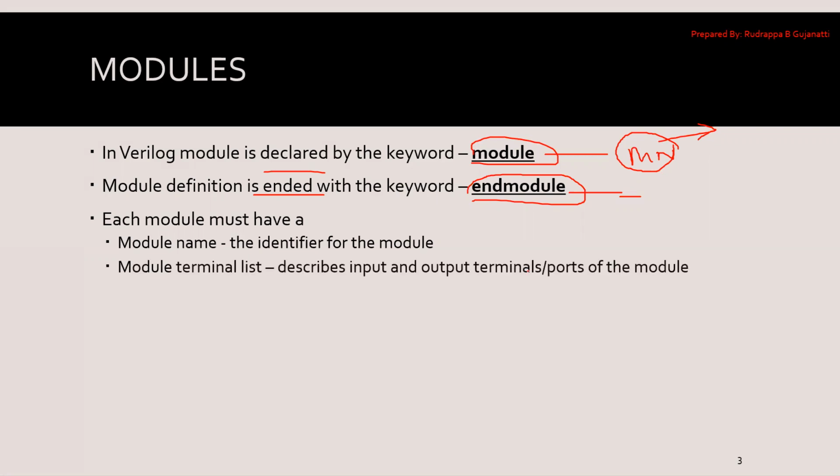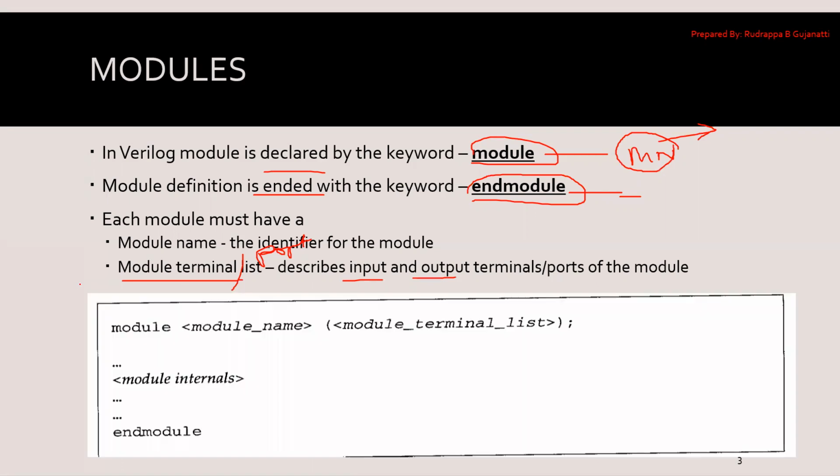We should also have a module terminal list, or port list, if it is there. Terminals, or sometimes we call them ports, can be input, output, or both, inout. If they are there, we will be providing this information.